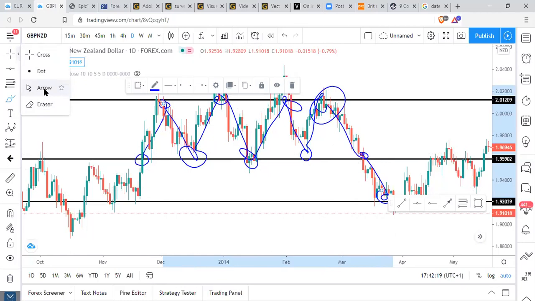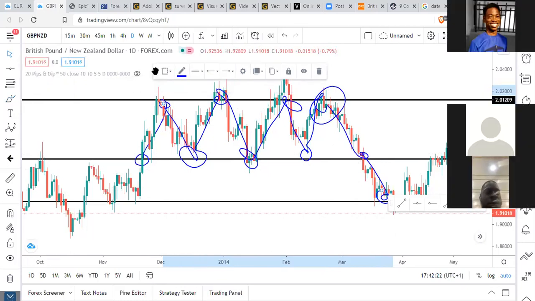So this is what we call your floor and your ceiling, support and resistance. All right, let me annotate this with text.